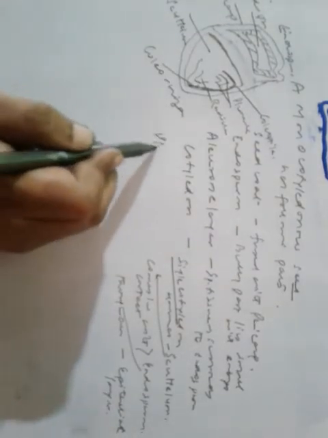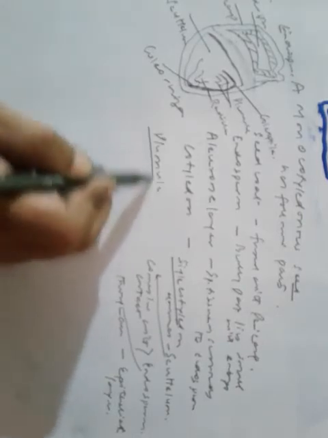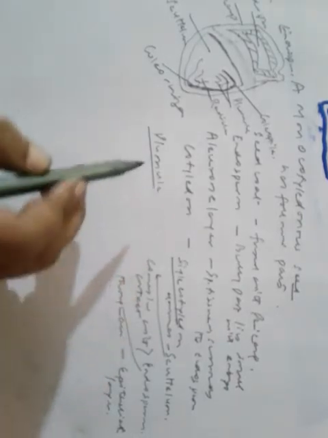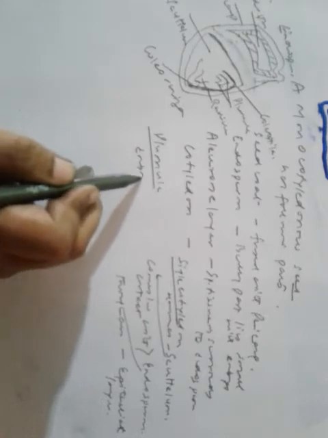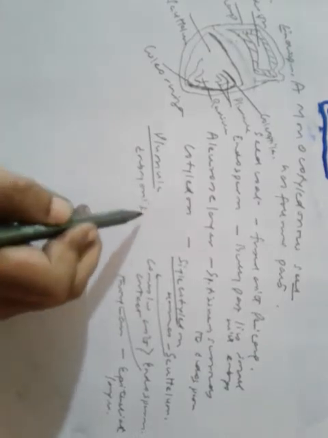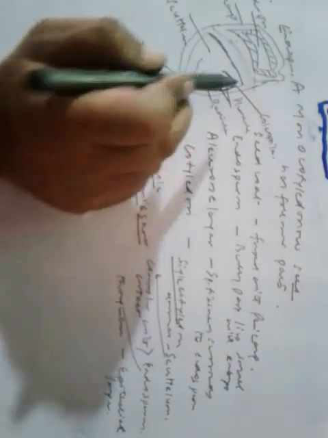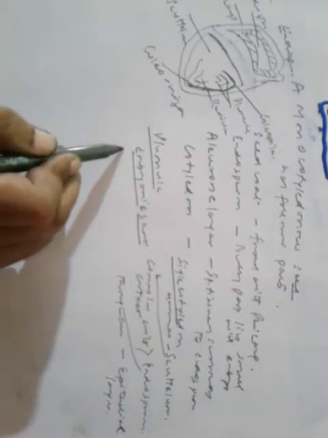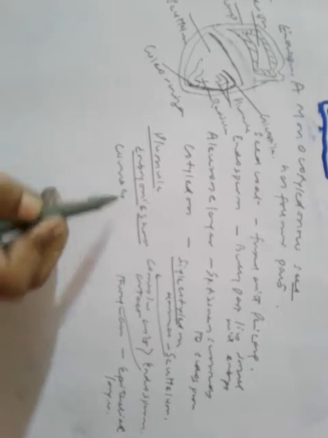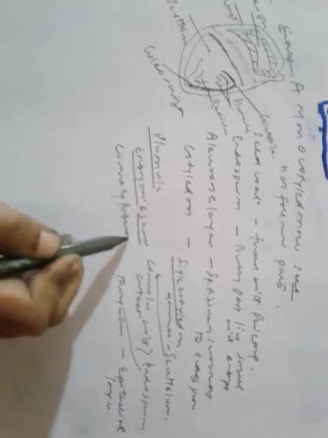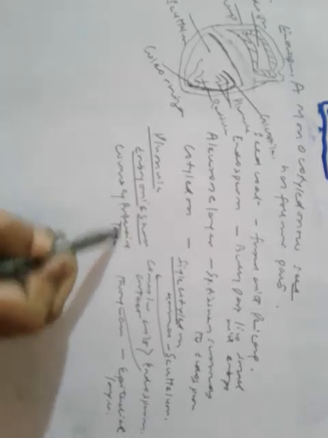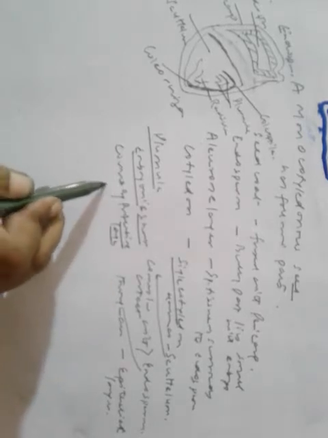Plumule. It is the embryonic shoot, and it is covered by a protective layer of coleoptile.